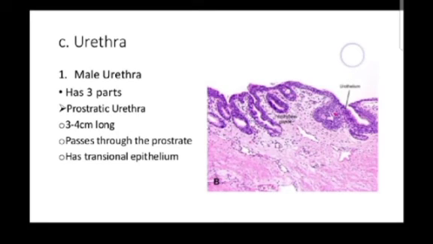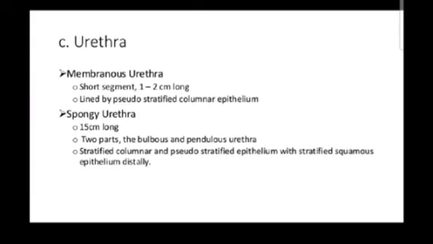There is a prostatic part of the urethra which is 3 to 4 centimeters long, and it runs through the prostate gland and has transitional epithelium. As regards the membranous urethra, it is a very short segment, only 1 to 2 centimeters long and lined by pseudostratified columnar epithelium.